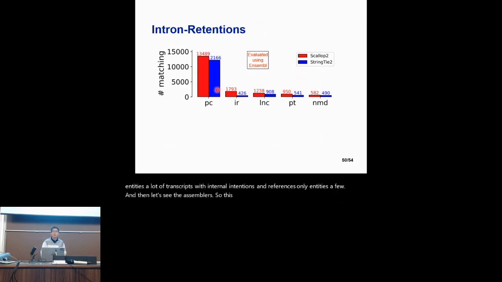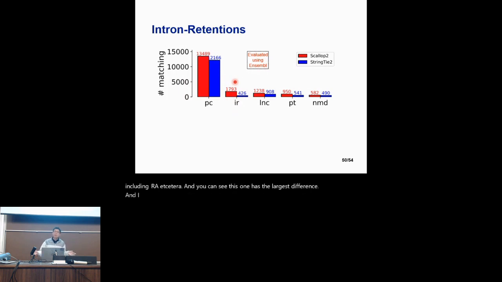So this is the breakdown of accuracies of Scallop2 and StringTie2 evaluated using Ensembl. This is the number of correct transcripts in terms of Ensembl annotation for protein coding transcripts. This is intron retention. This is long non-coding RNA, etc. And you can see this one has the largest difference.